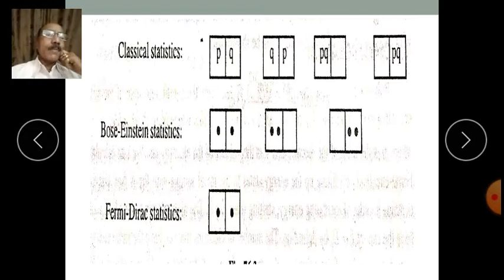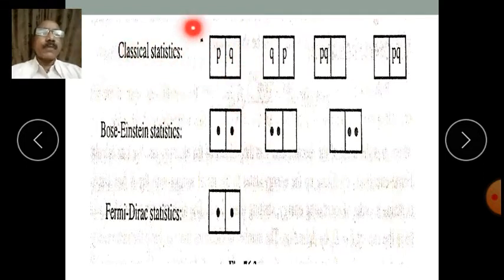Here we can imagine the situation of particles obeying the classical statistics, that is Maxwell-Boltzmann statistics, Bose-Einstein statistics and Fermi-Dirac statistics. Here the particles are distinguishable.